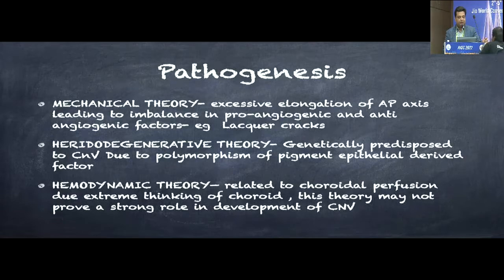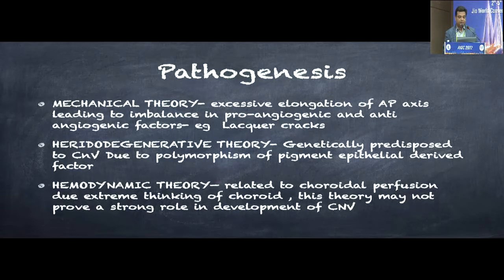Heredodegenerative theory: certain eyes are genetically predisposed to develop these membranes due to polymorphism of pigment epithelium derived factors. Hemodynamic theory is not quite accepted, because this theory doesn't hold good in many of the cases.